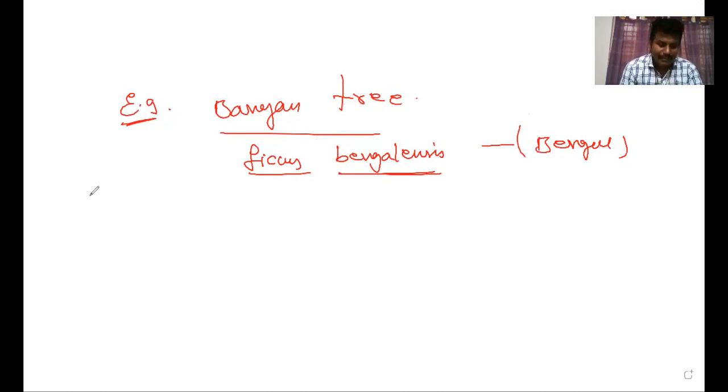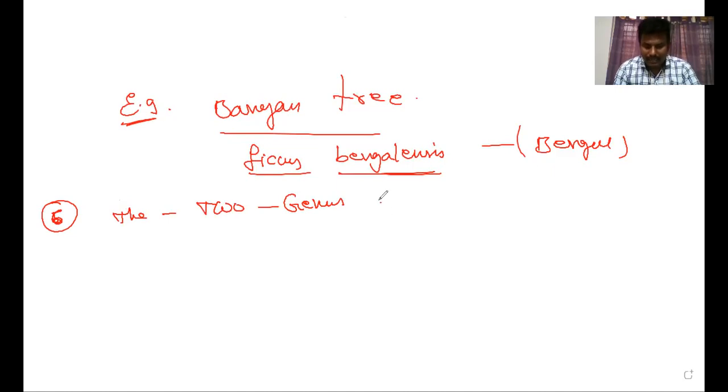Last and final universally accepted principle: organisms belonging to two different genera can never have the same generic name. However, the species name can be repeated many times.